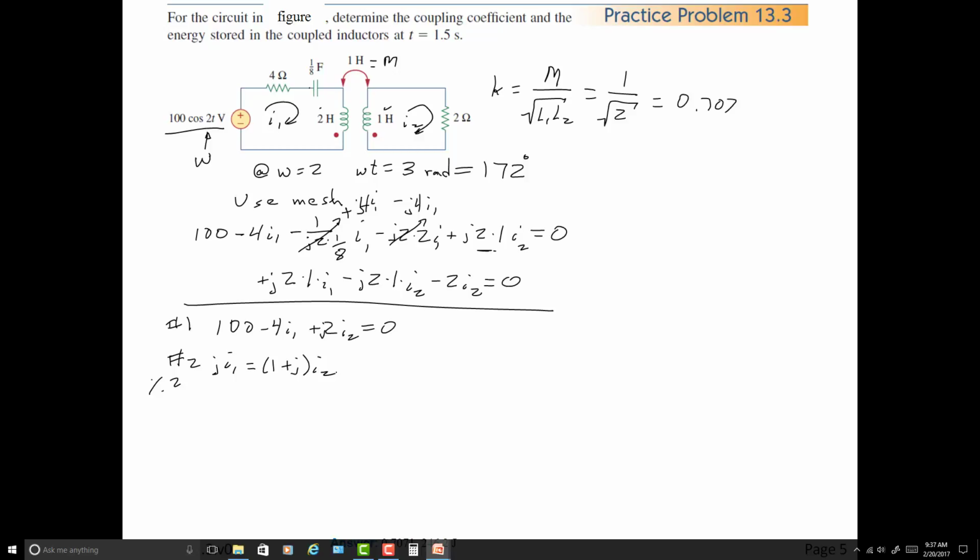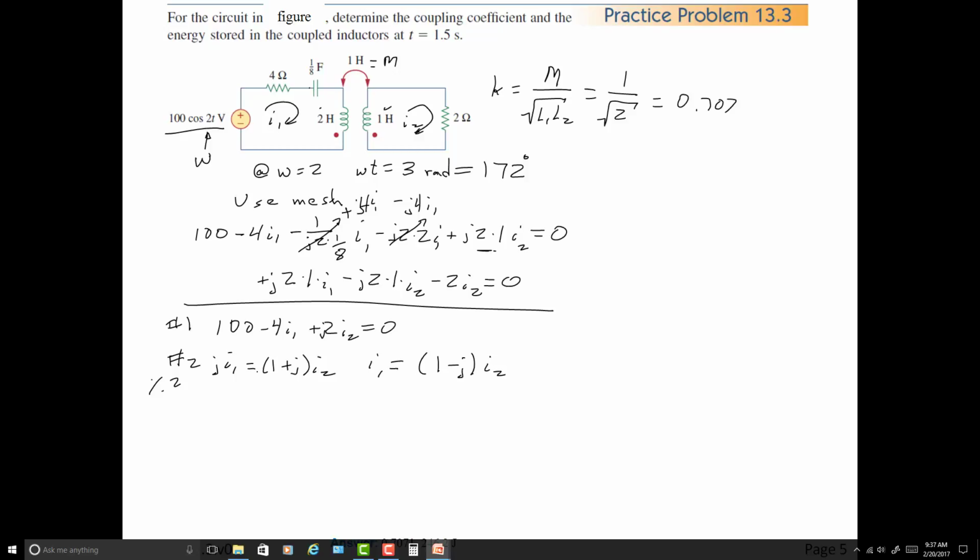And if we want to solve for I1 in terms of I2, we just have to divide by j, right? So if we divide by j, I will end up with, actually, kind of interestingly, 1 minus j times I2.